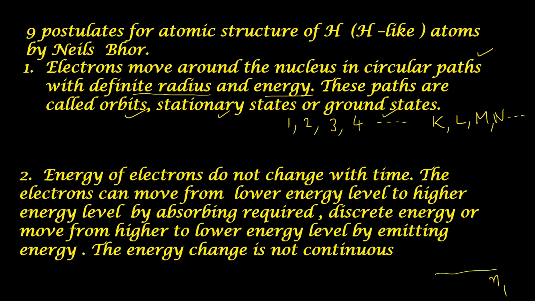If the energy levels N1 and N2 are represented as shown in the figure, electrons in N1 energy level can absorb discrete or desired quantity of energy, get excited and get shifted to N2 energy level, that is from lower energy level to higher energy level.